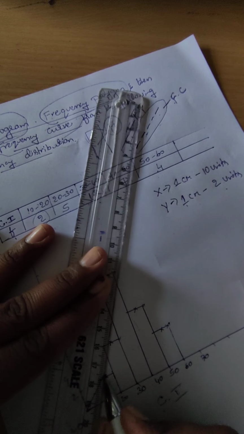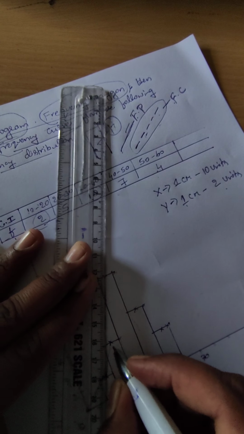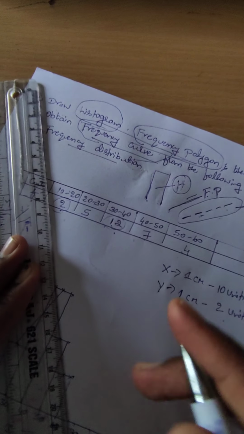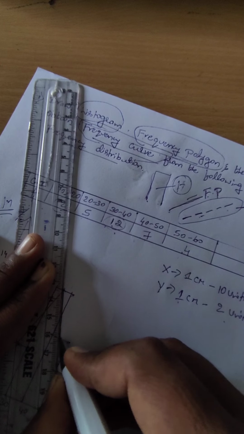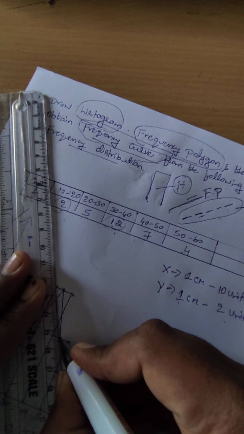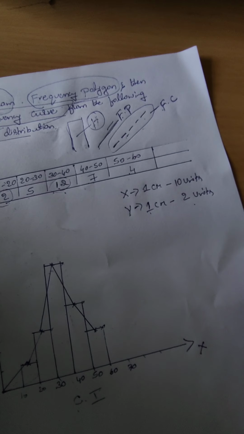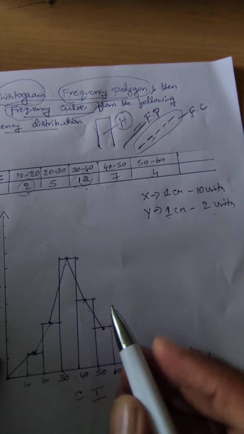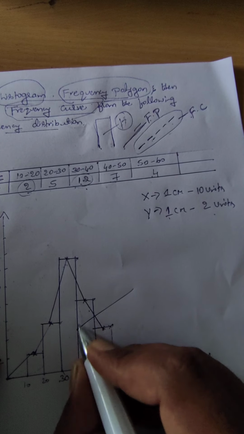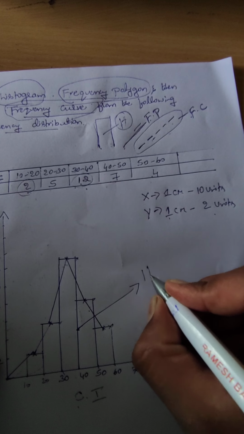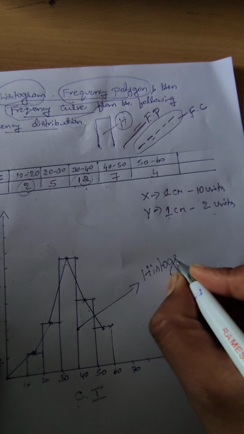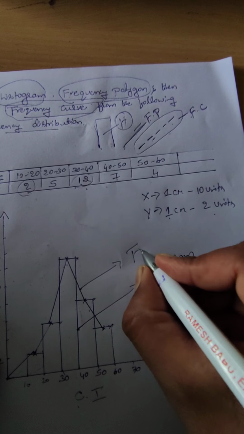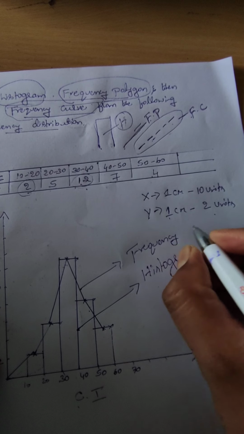This is the frequency polygon, made of dark straight lines. Okay students, these dark lines are called the frequency polygon, and the bar diagram is called the histogram.